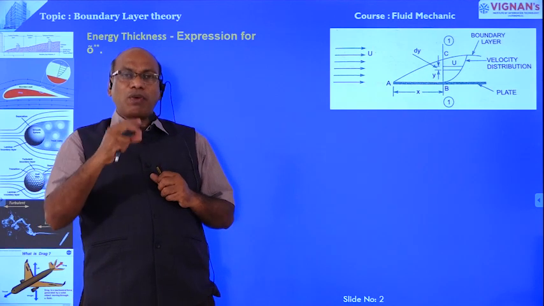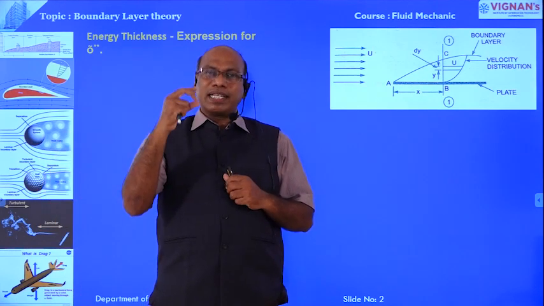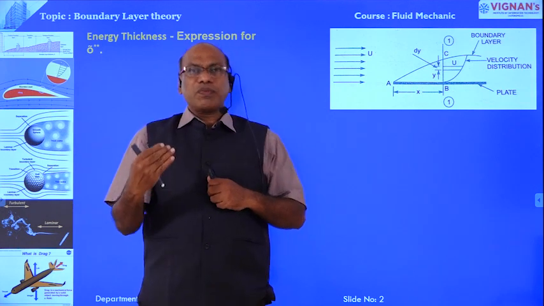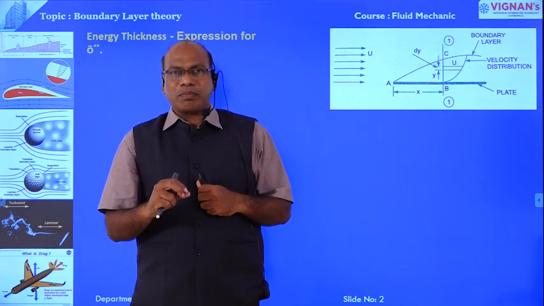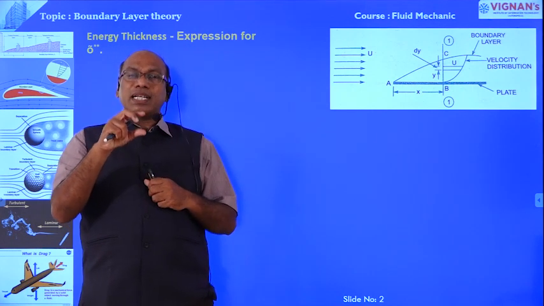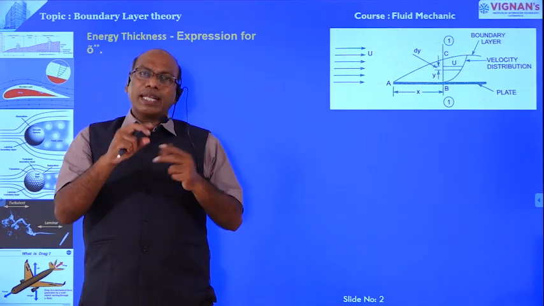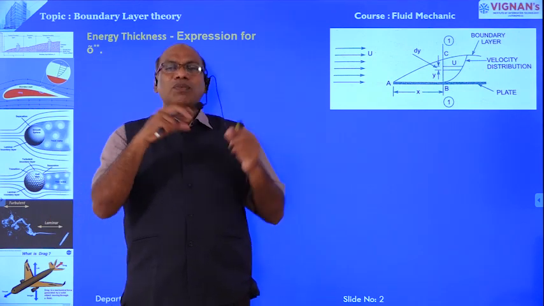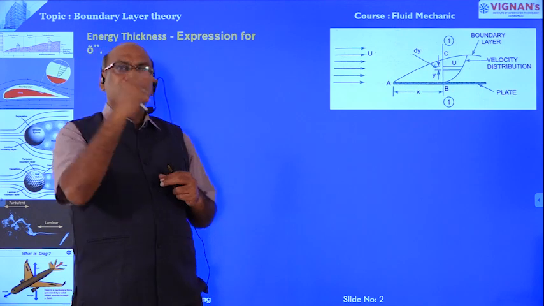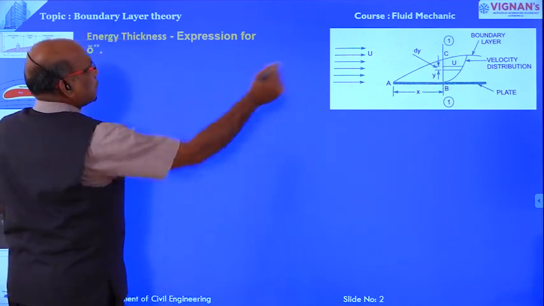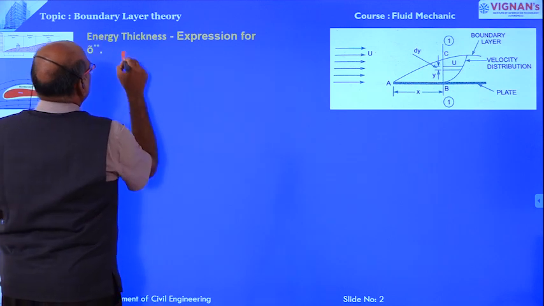And third, the difference between the kinetic energies because of the presence and absence of the boundary layer. That determines the loss of kinetic energy over the strip, taken with an integral from 0 to delta, the entire boundary layer thickness. Right, first the presence of the boundary layer.